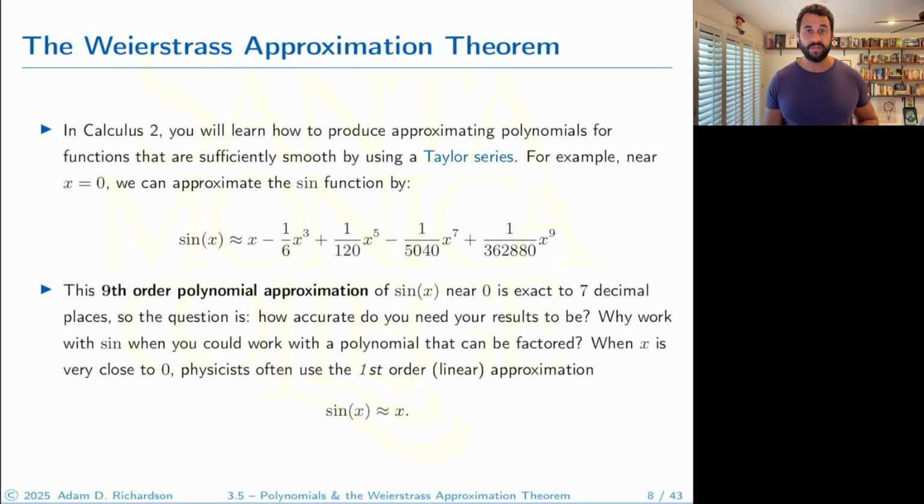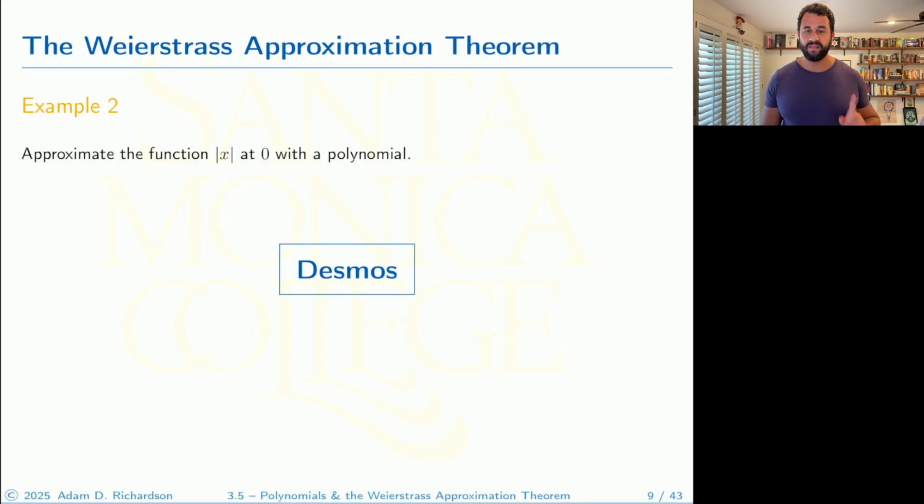Well, you're allowed to do that as long as you are applying the Weierstrass Approximation Theorem. So what this means is when x is very close to 0, this approximation is good enough for a lot of applications, right? That's the power of this theorem. Okay, let's see it in action real quick. So let's approximate the function absolute value of x at 0 with a polynomial.